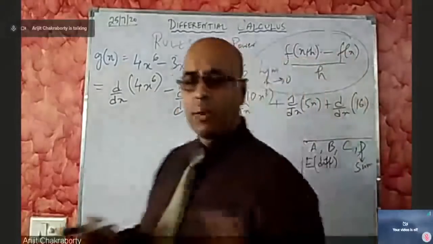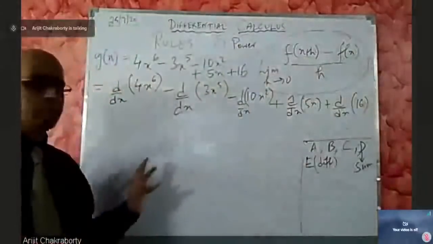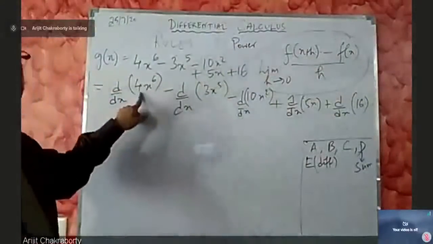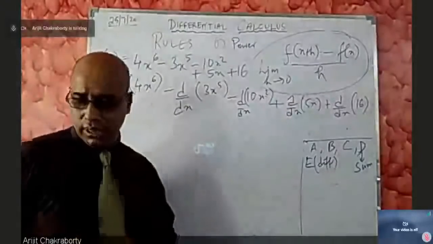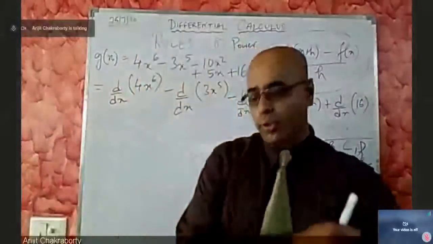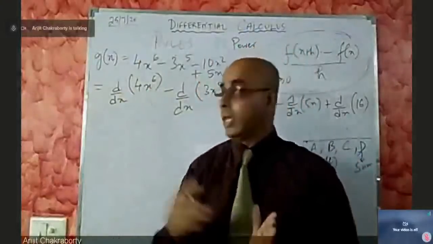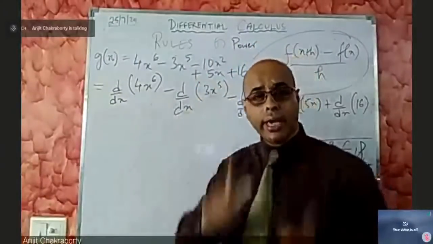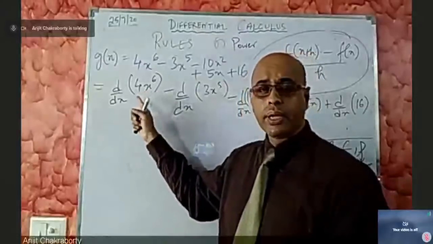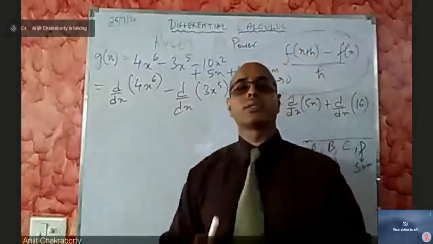So this is a bigger one, a longer expression, so we break each of them. First is 4x to the power 6. It is of the form a x to the power n, where a is 4.